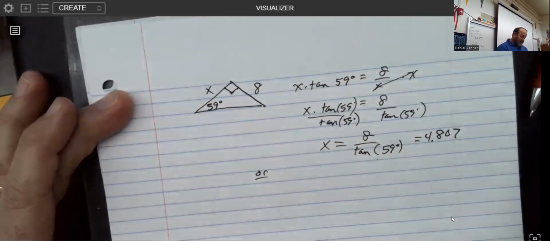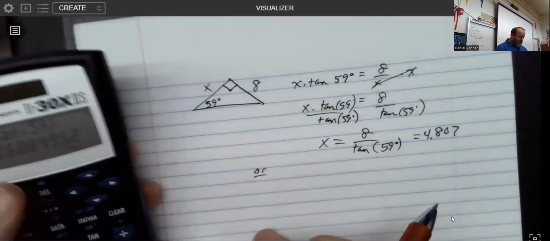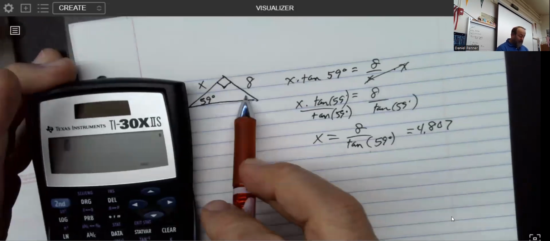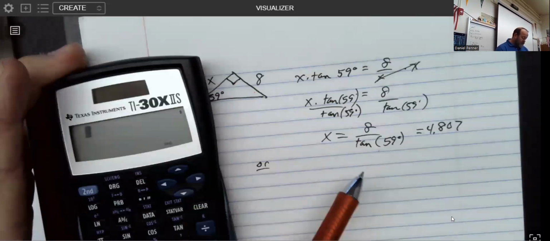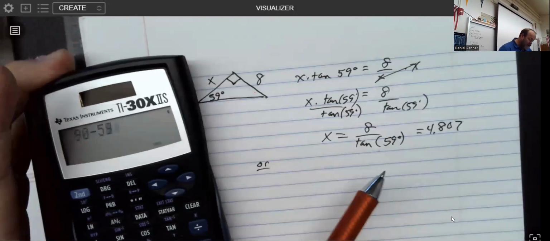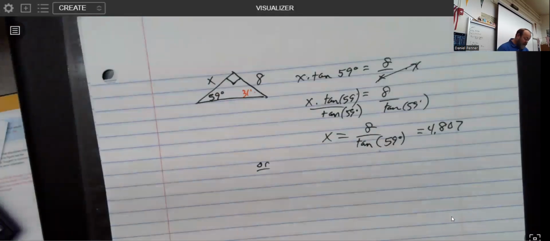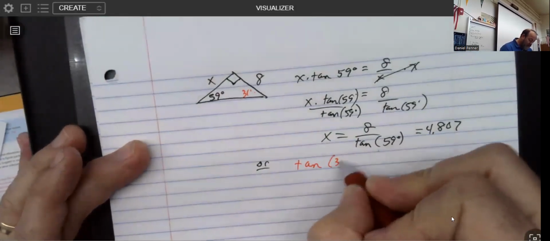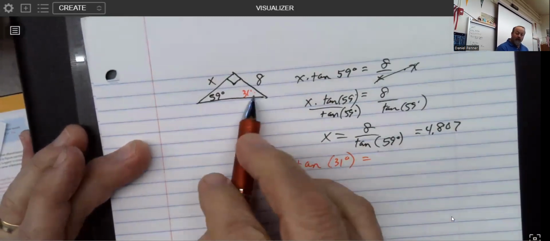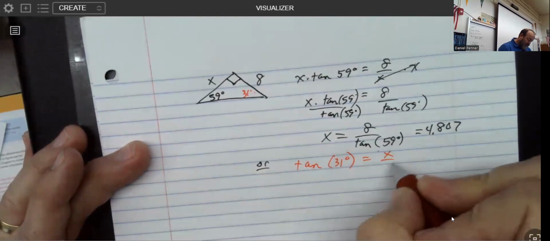And that is, if we know that this angle is 59, we could know that these two angles together, because this is already 90, these two have to add up to 90 as well. So 90 minus 59 is 31. So what I could do if I wanted to do that is I could say, I'm writing this in red to show that it's a little bit different. The tangent of 31, if I just switched perspectives, would be opposite over adjacent.